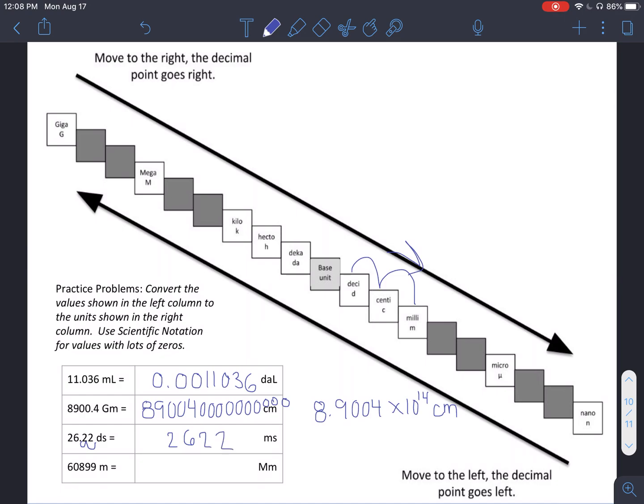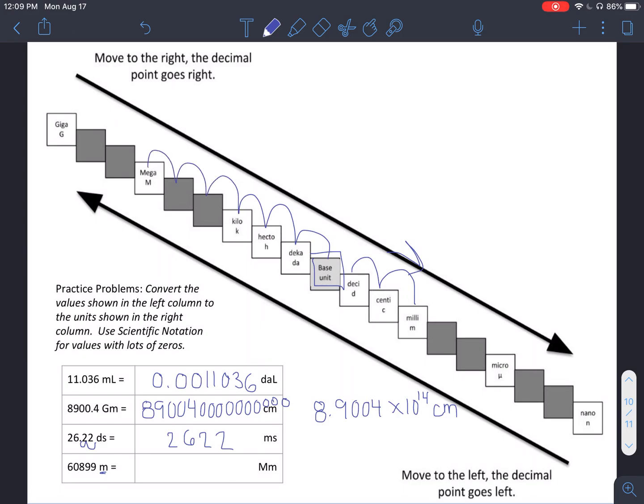Right, and last but not least, meters to megameters. If you look at the scale, there is an M right here, but because this M is all by itself and there's not another M next to it, it is not millimeters for this one. Whenever you just see an M by itself, it is always the base unit meter, or if there's ever just one letter, it's always the base unit. So we're going from meter to mega, 1, 2, 3, 4, 5, 6.